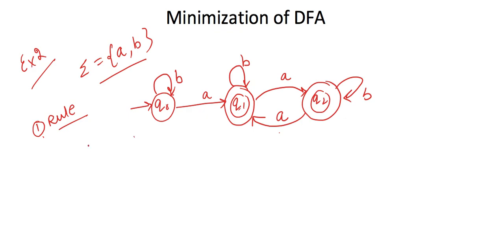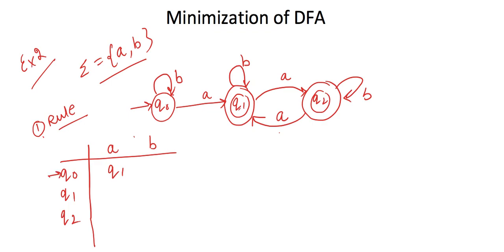We simply write all the input symbols here and all the states here, Q0, Q1 and Q2. Mark one more thing: Q0 is the initial state here, so mark it, and Q1 and Q2 are the final states, so mark them too. It will help you later.